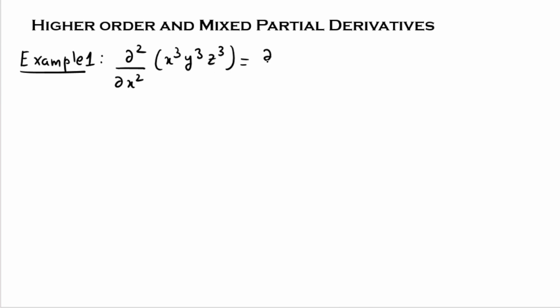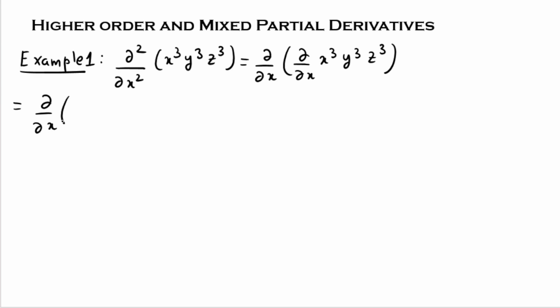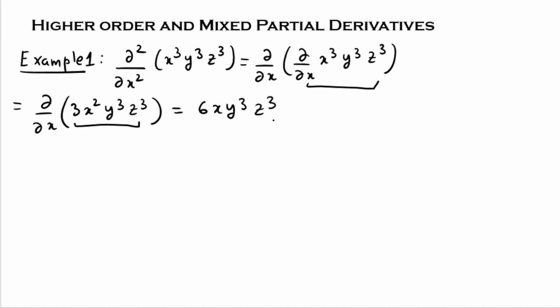This can be written as ∂/∂x of ∂/∂x of x³y³z³. Taking the partial derivative with respect to x gives 3x²y³z³. Once again, taking the partial derivative gives 6xy³z³.